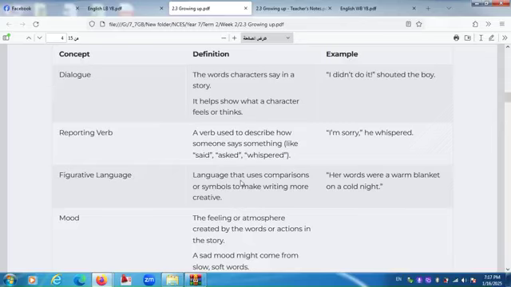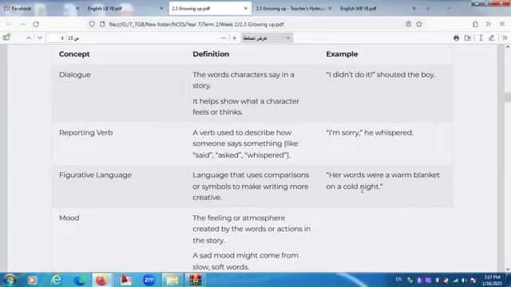Figurative language: it's language that uses comparison or symbols or non-literal words to make writing more creative. Her words were a warm blanket on a cold night. Okay? It's figurative because the warm blanket is not real. It's figurative language.